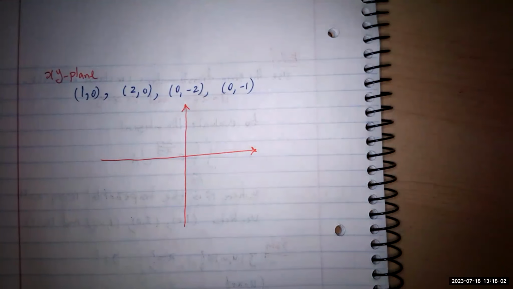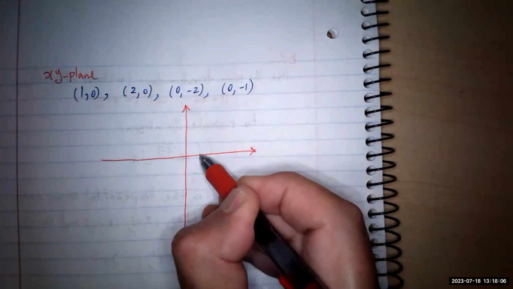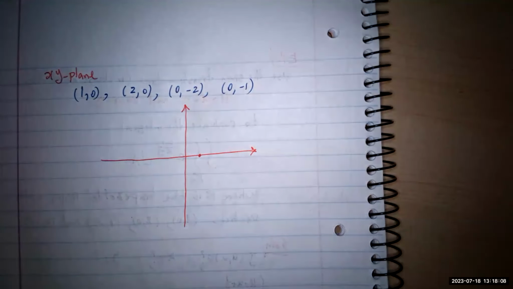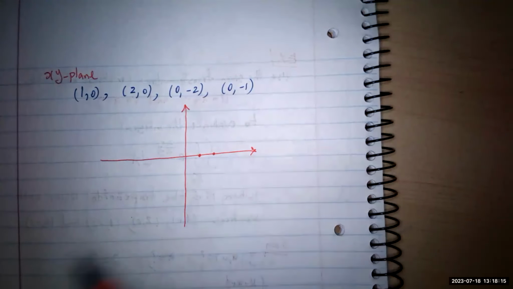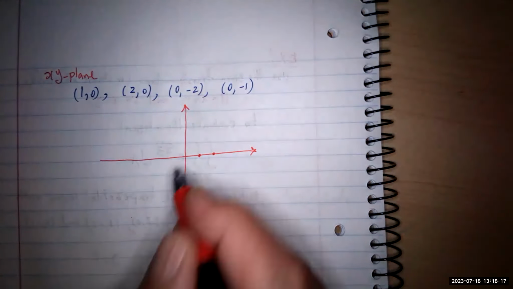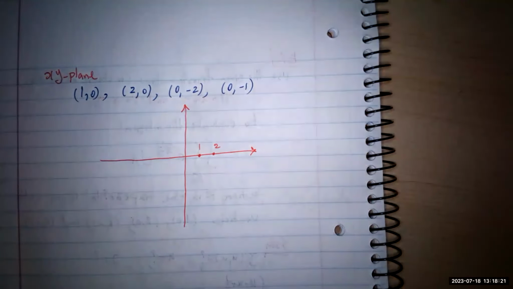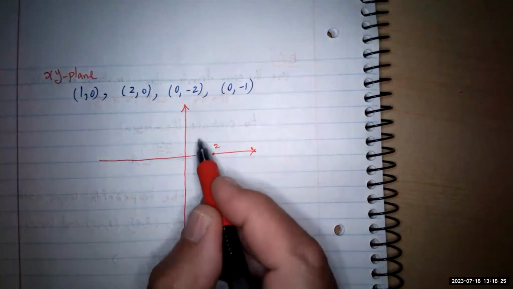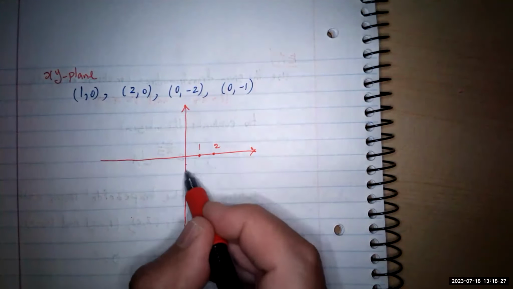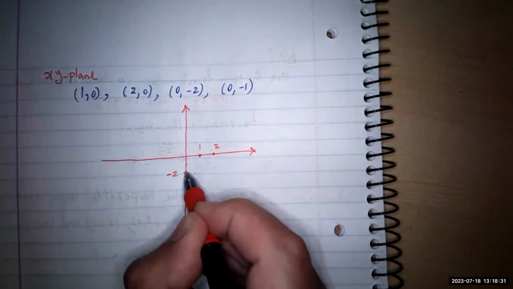Locate the points that we have. We have 1, 0. That's one point. Then 2, 0. So that's 1, and this is 2. Then 0, negative 2. This is going to be 1, negative 2, so that gives you 0, negative 2.